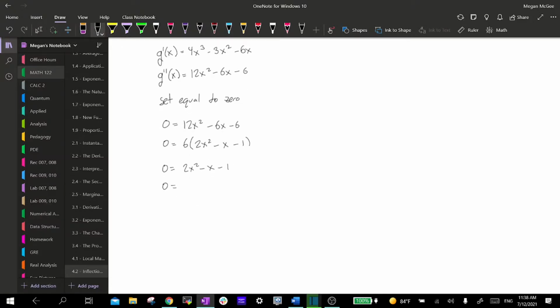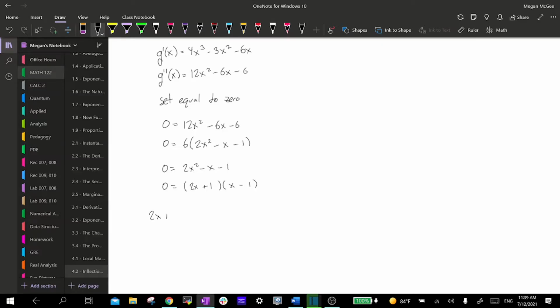Alright, so we want to factor this right-hand side into two binomials. So we will have 2x plus 1 over here, and then x minus 1 over here. Again, we need to set each one of these equal to 0 separately.